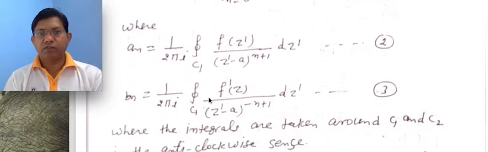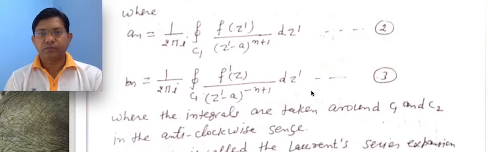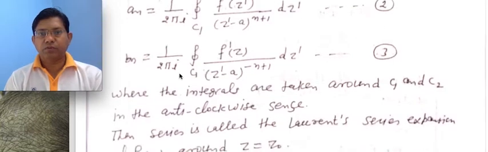where a_n equals 1 upon 2πi integral over C1 f(z') upon (z' - a)^(n+1) dz'. This is equation number 2, and b_n equals 1 upon 2πi integral over C2 f(z') (z' - a)^(-n+1) dz'.